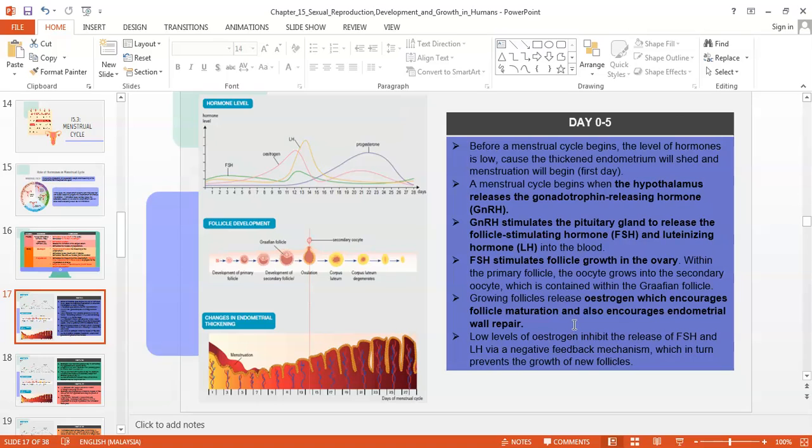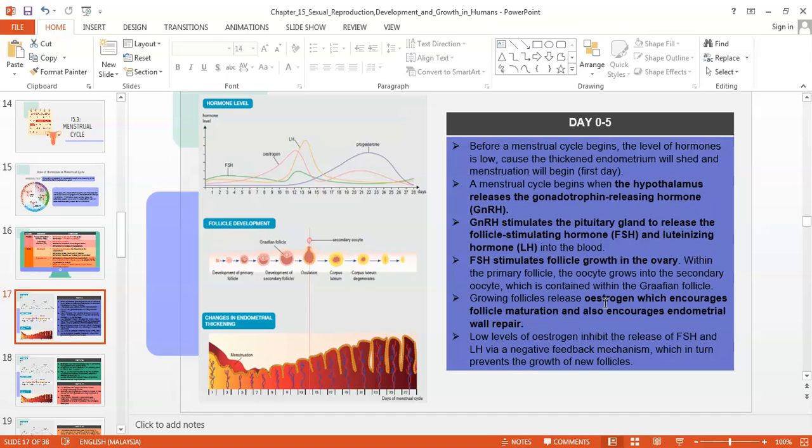Jadi bila follicle stimulating hormone ni dah stimulate the follicle growth in the ovary, and this growing follicle dia akan menghasilkan estrogen. Dan estrogen ni dia membantu follicle yang berada berdekatan dengan secondary oocyte tu ya, to be mature dan encourage the endometrial wall.